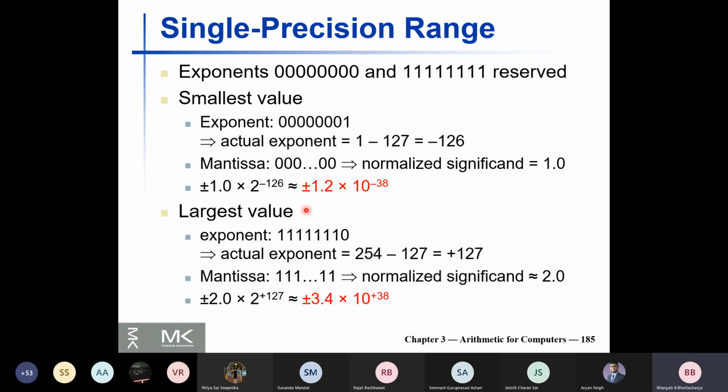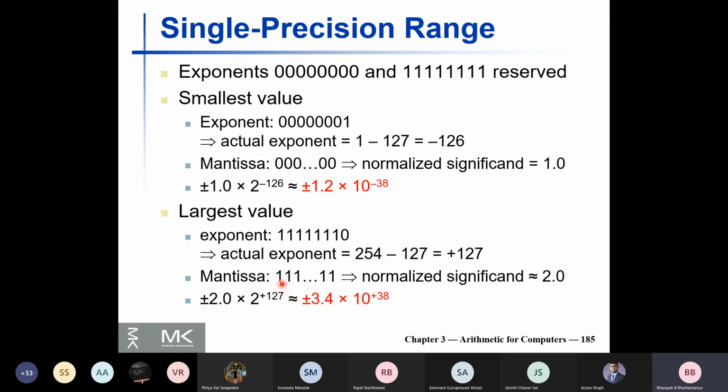Similarly, what is the largest value? The largest exponent is reserved, and therefore the next largest is this one, which is 254 minus the bias. So this is the largest exponent you could have. 2 to the power plus 127 is the maximum value of the exponent in single precision.